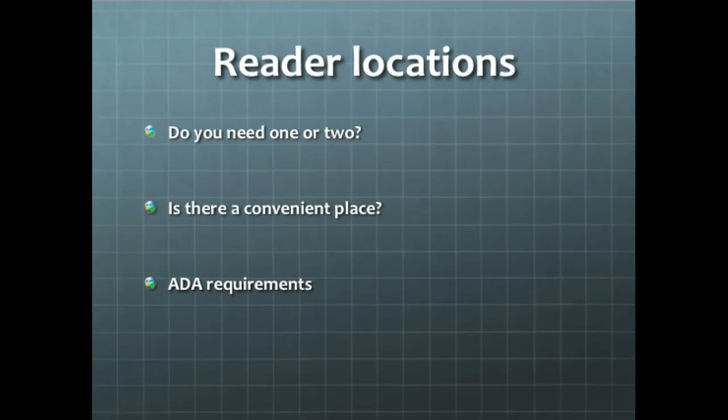So sometimes, there's a little cubby in the hallway because there's a pillar somewhere. You want to put it on the back of the pillar so that nobody sees it for aesthetics reasons. You want to put it on the back of the pillar so it's closer. But if somebody can't get to it, and frankly, the easy thing to do in your mind is to put yourself in a wheelchair and say, could I operate like everybody else in this environment with this reader placed here?